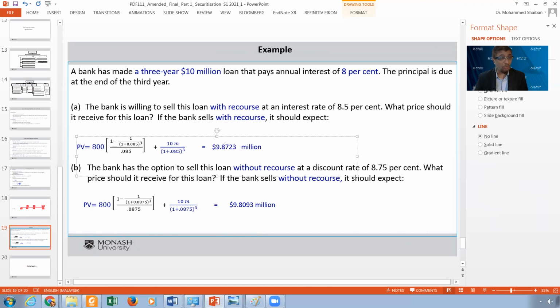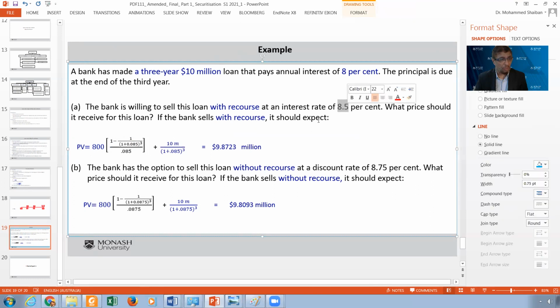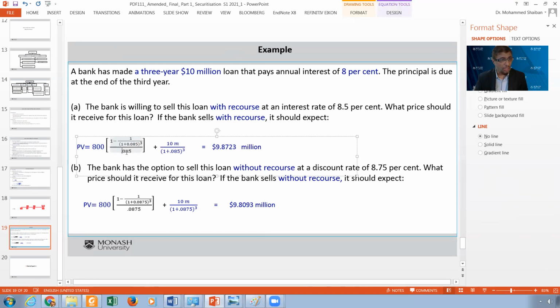So here, if you sell with recourse, the rate is 8.5%. You discount at this return that the buyer will get, 8.5, so he has to pay like this.